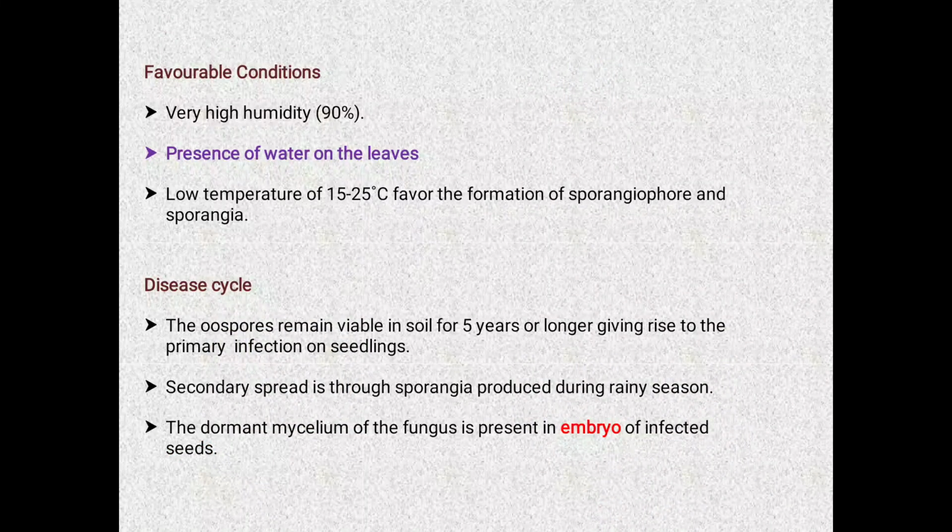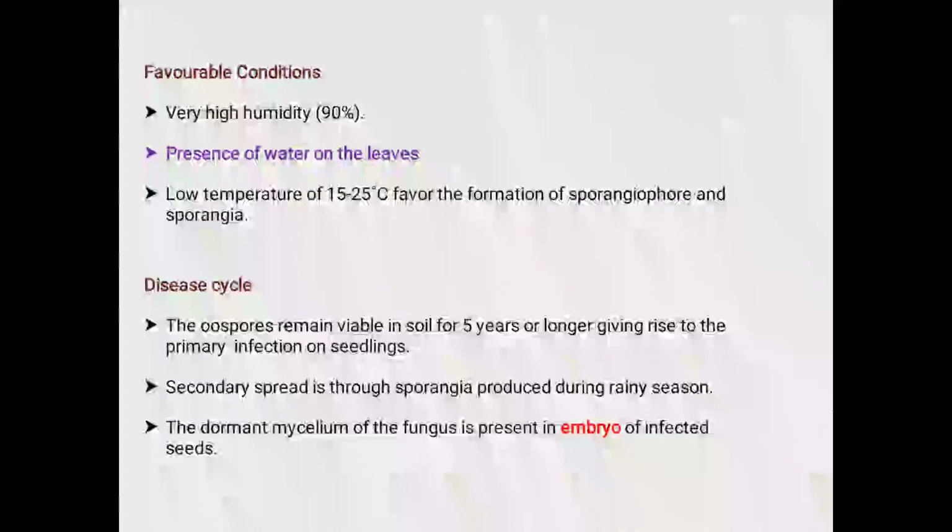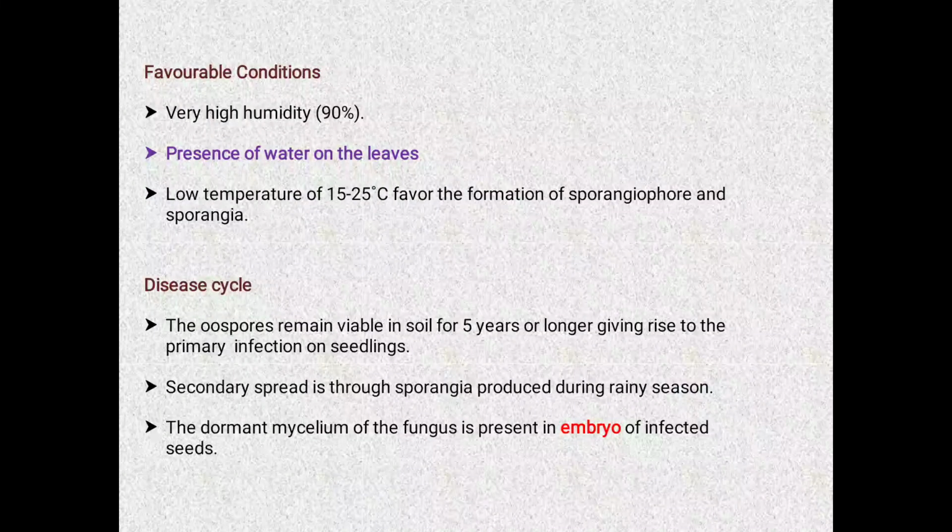Favorable conditions: very high humidity that requires 90%, presence of water on the leaves. It is very favorable for production of the spores and further development of the disease. Low temperature of 15 to 25 degrees Celsius favors the formation of sporangiophore and sporangia.